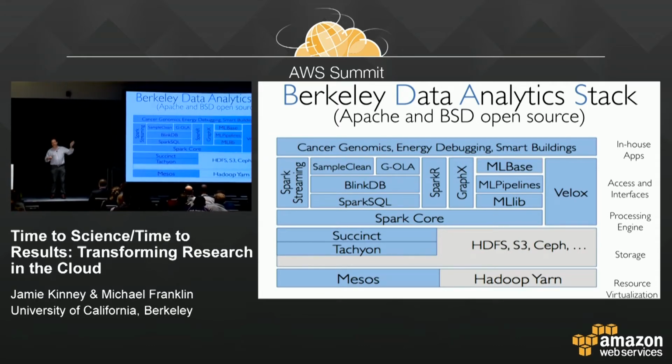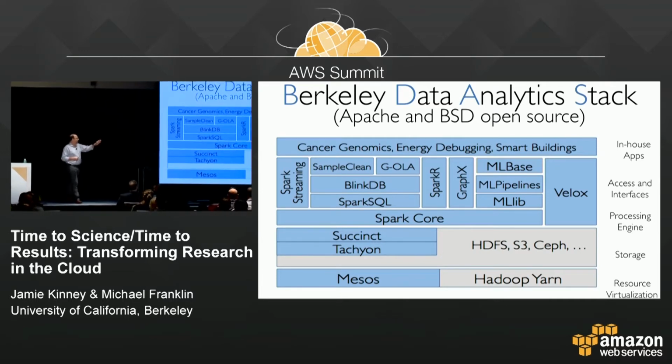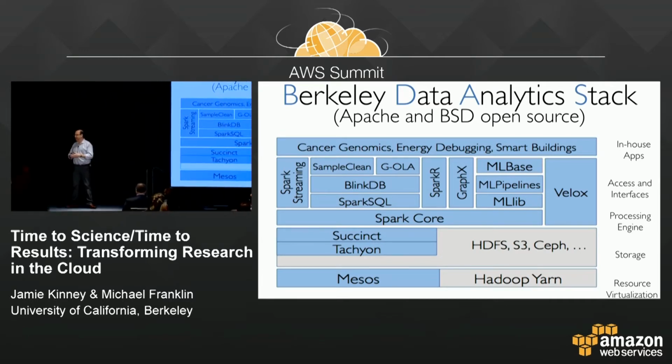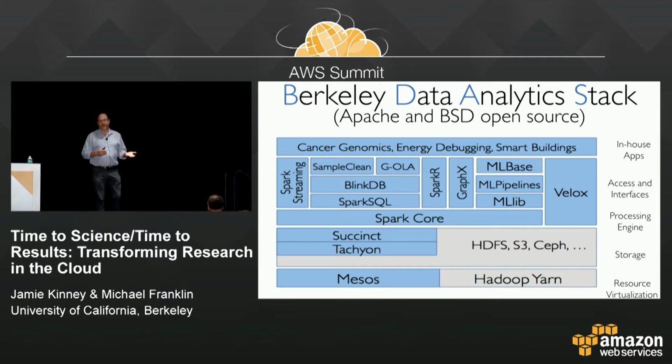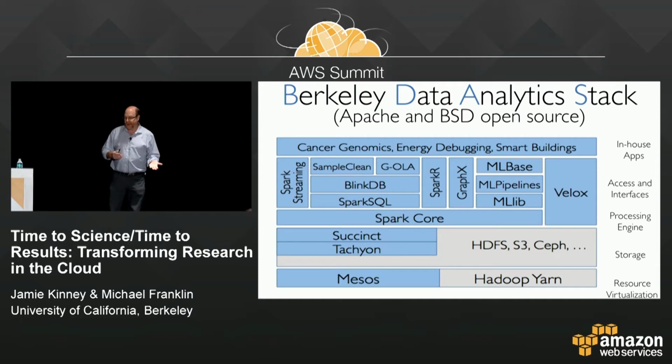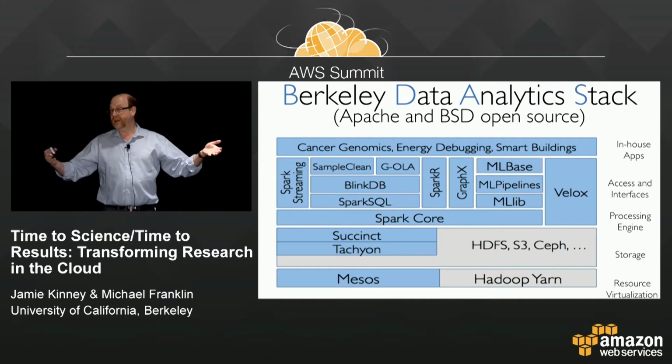And then above that, we have a bunch of different ways of processing data. If you want to run SQL queries, we have a system called Spark SQL that lets you do that. If you want to run graph algorithms, GraphX is a way of doing that. SparkR lets you take programs written in the statistical language R and run those on a cluster using Spark.